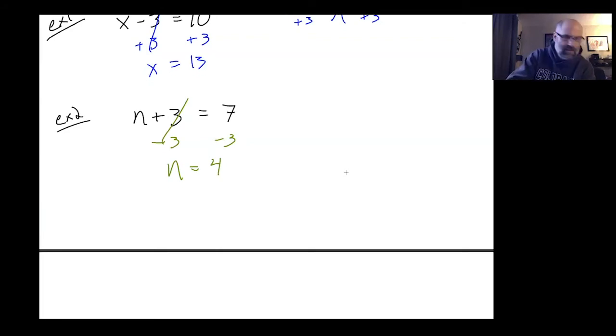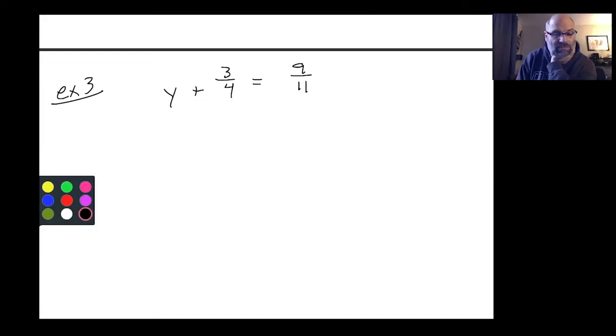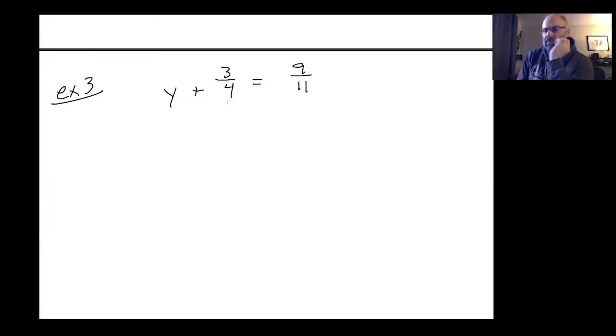Okay, so let's try another example. Example 3. y plus 3/4 equals 9/11. Well, how do you get rid of 3/4? You do the opposite operation.